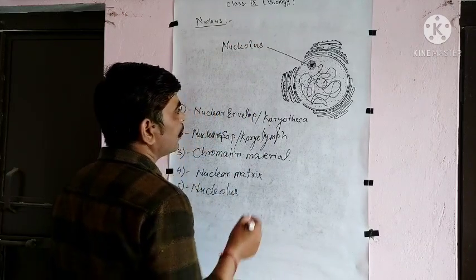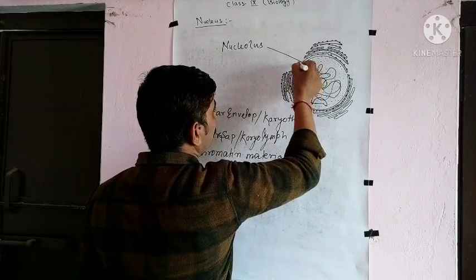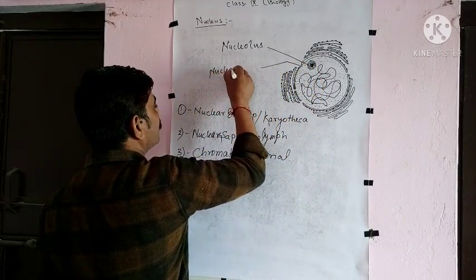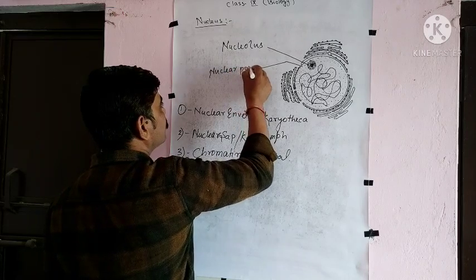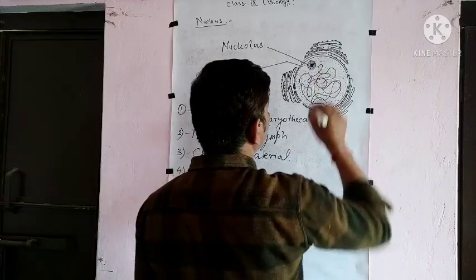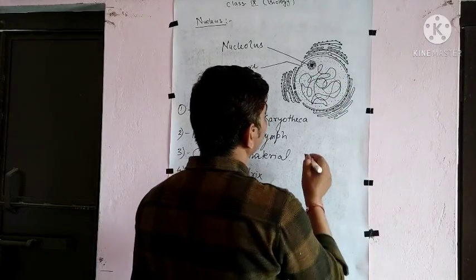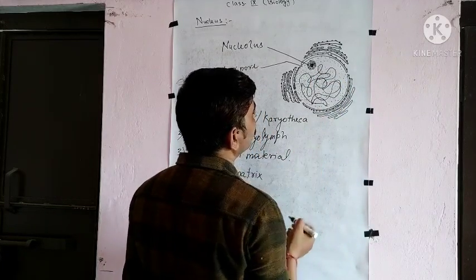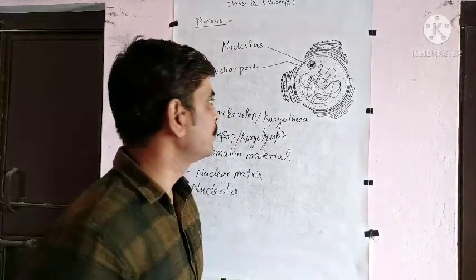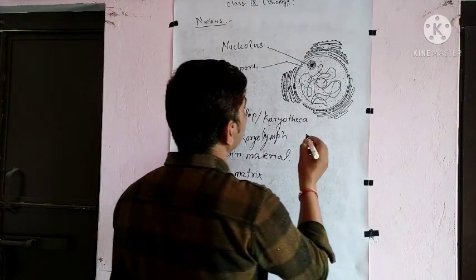Okay, this pore is the nuclear pore. The nuclear envelope has three parts: the outer membrane, the inner membrane, and the perinuclear space. See carefully.